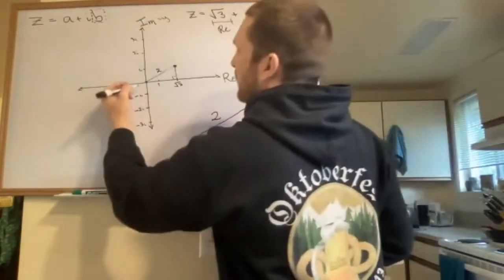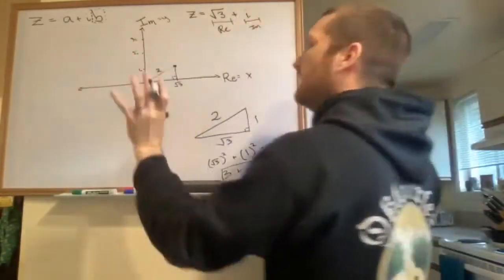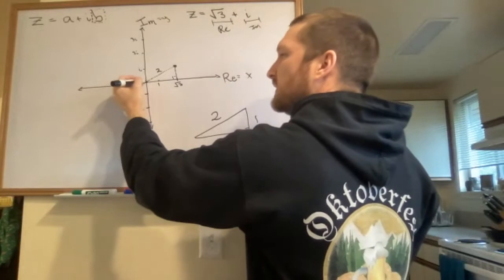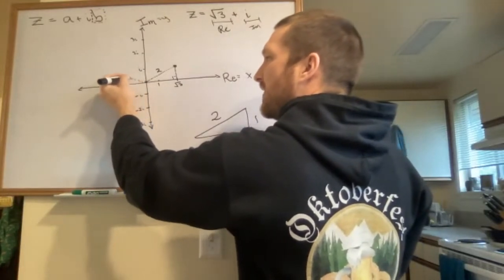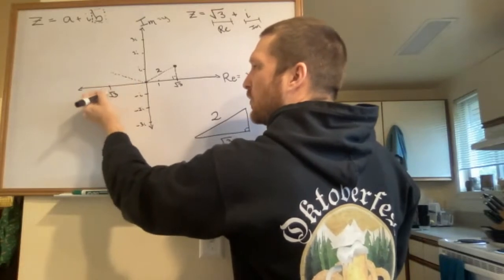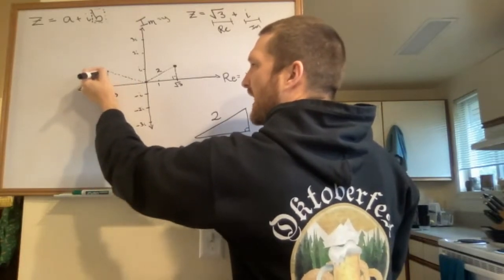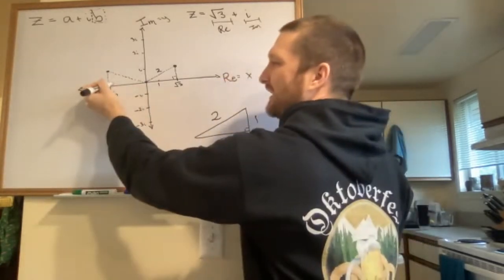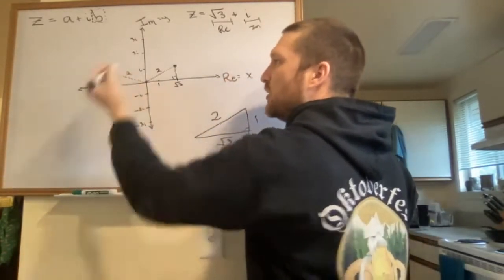If I had drawn it this way, where we're down here at negative root 3 and up here at positive i, we can see that's exactly the same length. It's got to be 2.